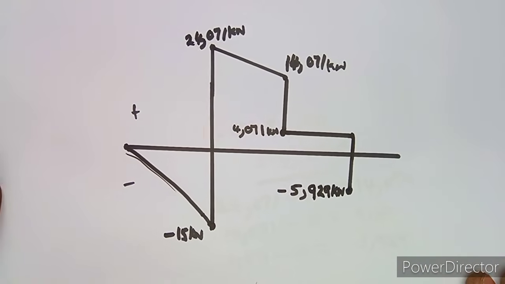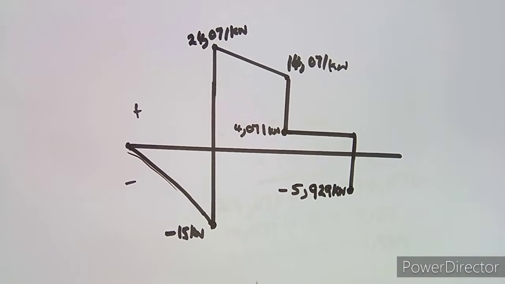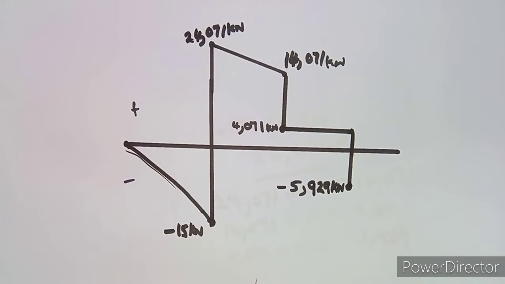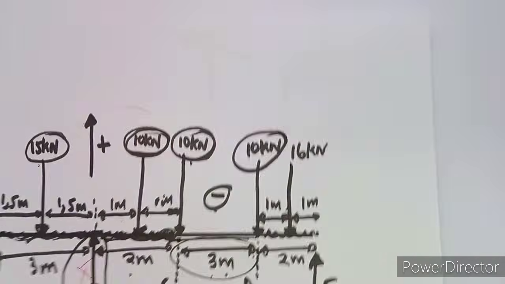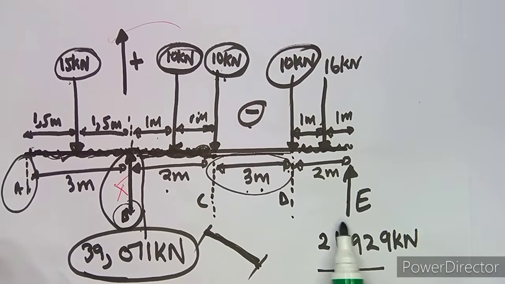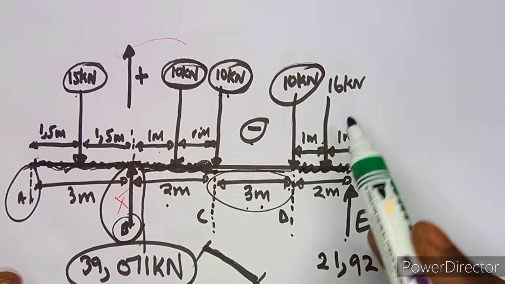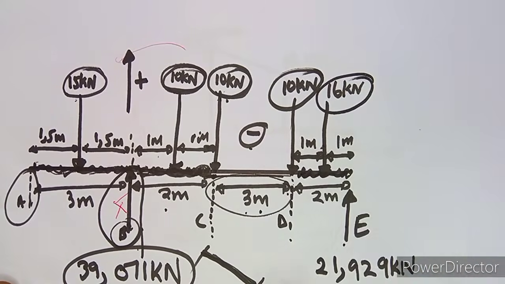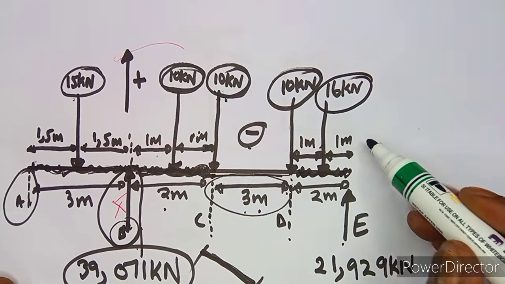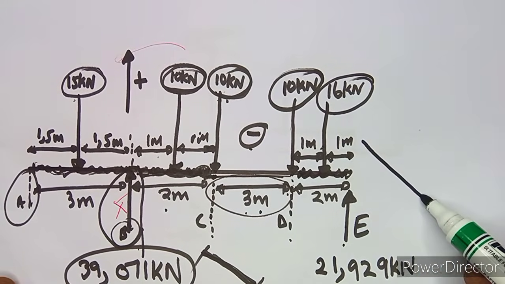Then what happened, guys? Let's see what happened here. If you cross check, there is a distributed load before the support. There's a distributed load here which was there. So you're going to subtract because it's going downwards, but it's a distributed load, so it's going to go downwards like this.